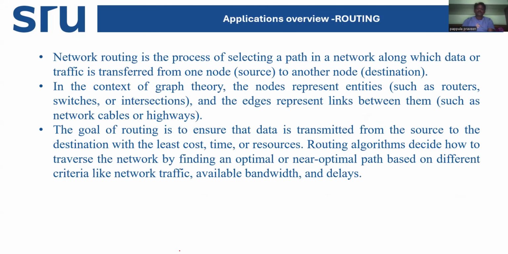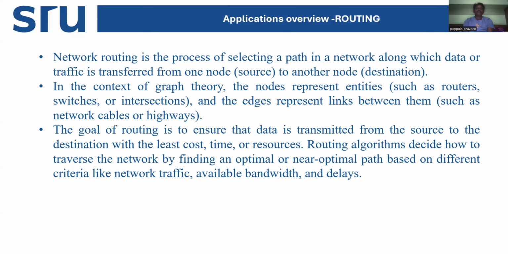And the next one is network routing. Network routing is the process of selecting a path in a network along which data or traffic is transferred from one node, the source, to another node, the destination. In the context of graph theory, the nodes represent entities such as routers, switches, and interconnections, and the edges represent links between them, such as network cables or highways.